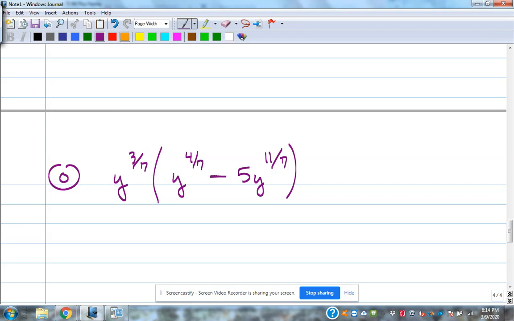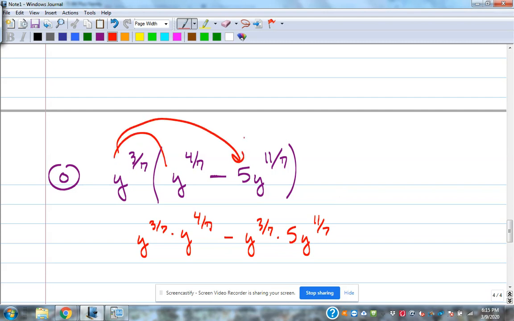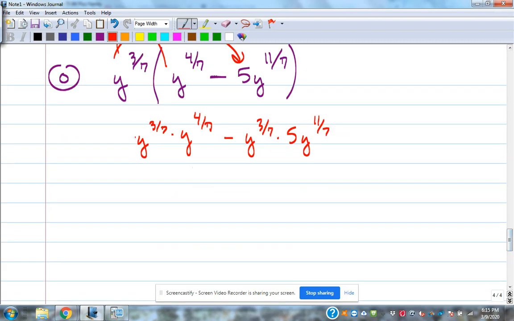So I'm just going to write out an extra step that I normally would not write. I would usually just do this work. So I'm writing out that extra step where I've taken that piece that was in front and multiplied it to each piece on the inside. Okay. And then I'm just going to do exponent rules for that because the bases are the same here.